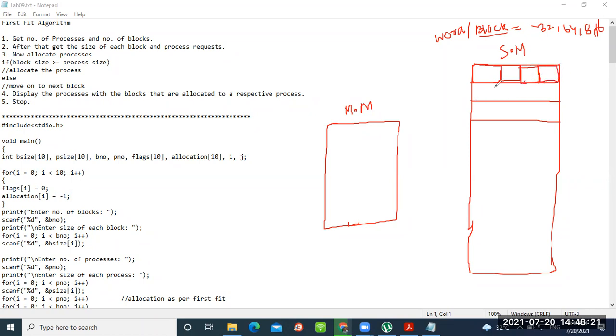Okay, this is completely an architecture part, but I'm just explaining for a conceptual view. Now, this will be divided like this, blockwise. Fine. Now, each of this block will have an address. Each of this block will have an address.